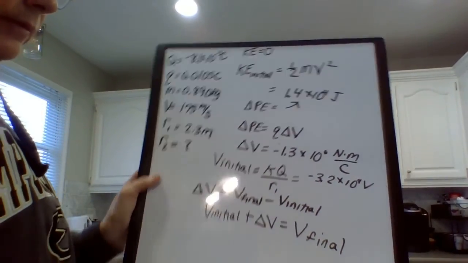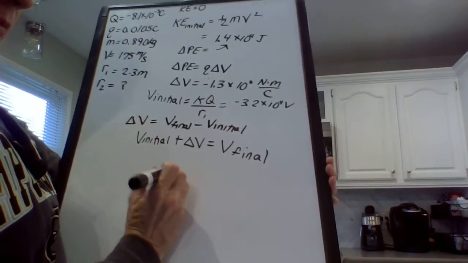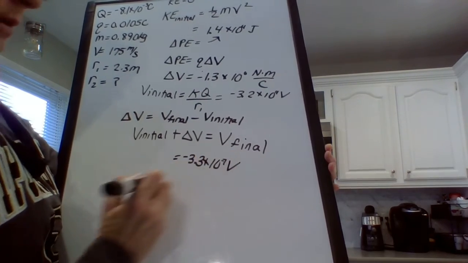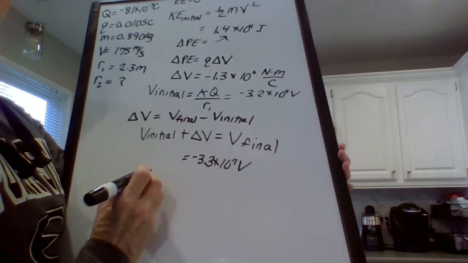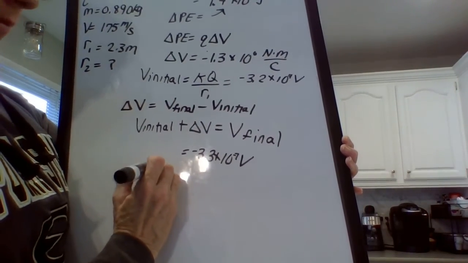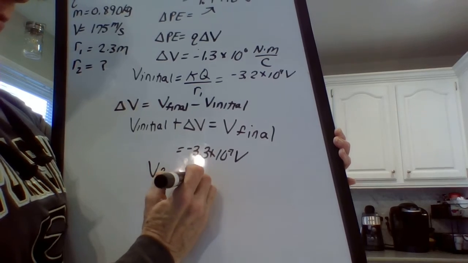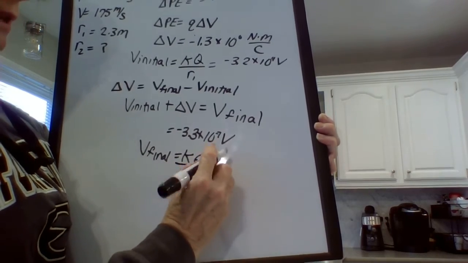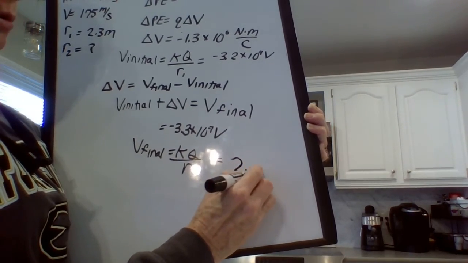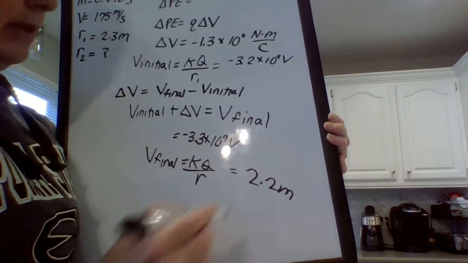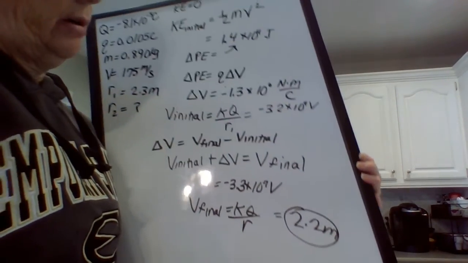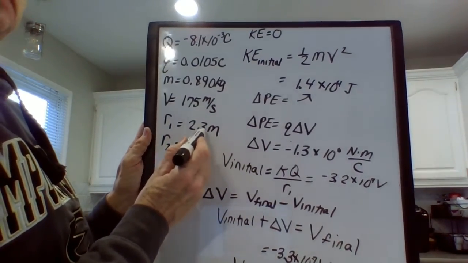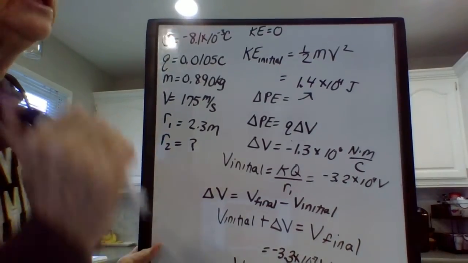So calculate the final V, okay, now we can calculate R. Using everything we know, we get for the answer 2.2 meters. That's how far it traveled. That's where it ended up. If you notice, it started at 2.3 meters. It only traveled 10 centimeters, and then it turned around.